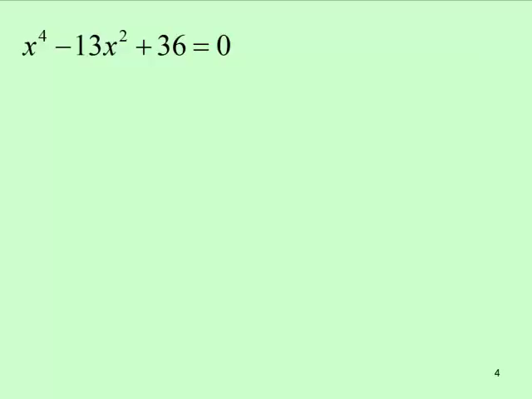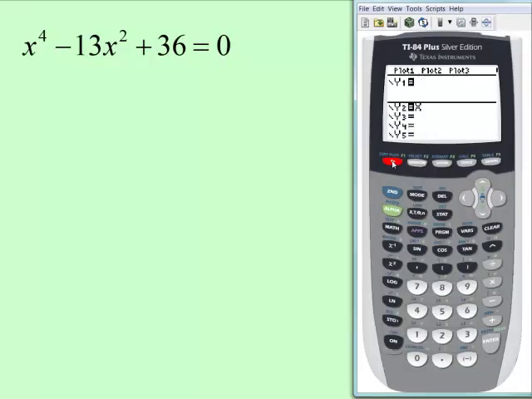Let's solve this on my calculator. Y equals, clear y1 and y2, left hand side, enter, right hand side, yes, it is just a 0, draw the graph, standard graphing window.